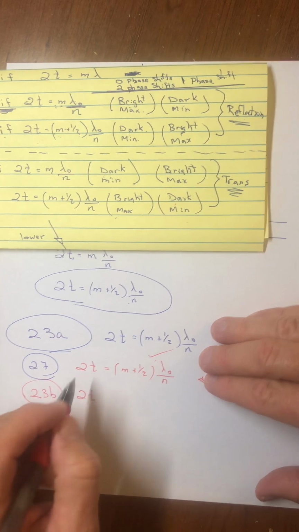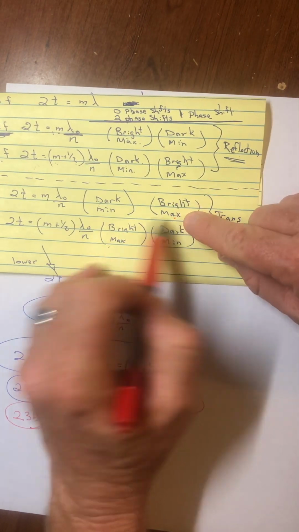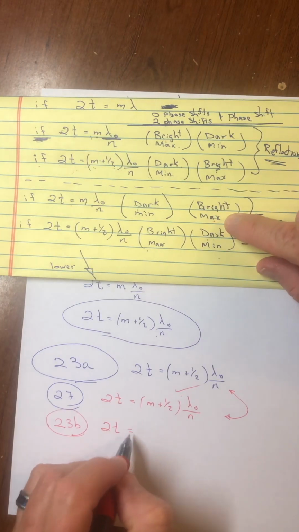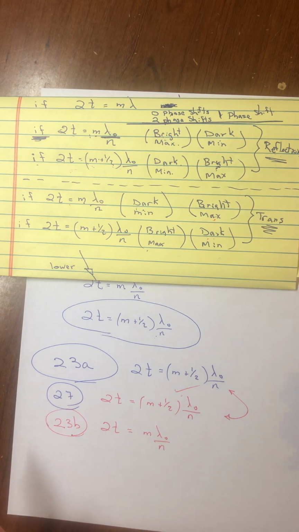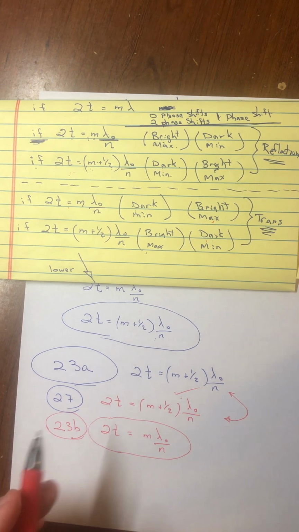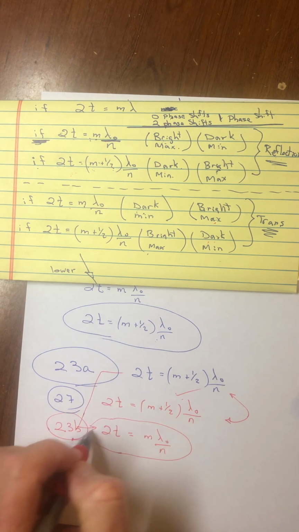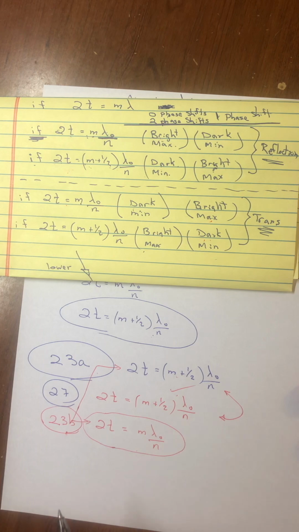Oops, I lost my place. What did I do? Transmitted, 1 phase change, strongly, right there. 2t equals m lambda naught over n. Okay? And of course, probably makes sense because we already did this, and so you can kind of shift to that one.